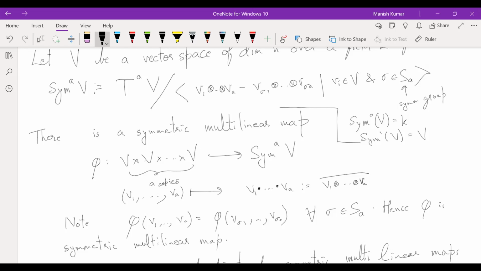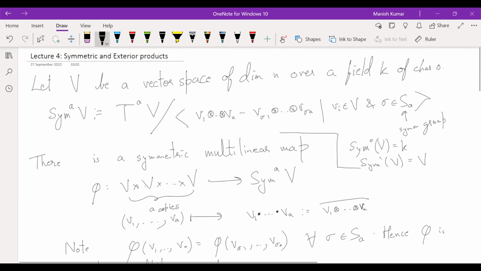Note that phi of (v1, ..., vA) is the same as phi of (v_sigma(1), ..., v_sigma(A)), because their difference, meaning the difference of their images, lies in the subspace we are quotienting out by. So phi is a symmetric multilinear map. Is that okay? Is the definition clear?